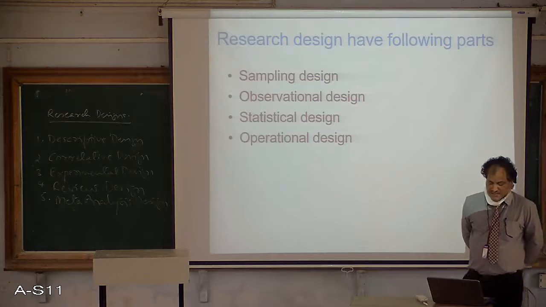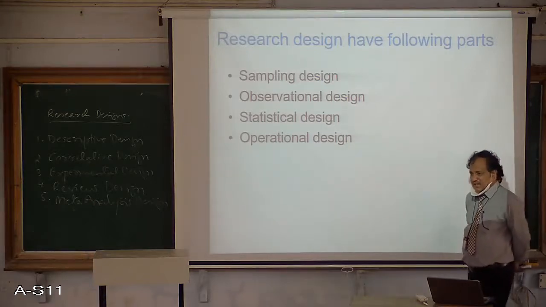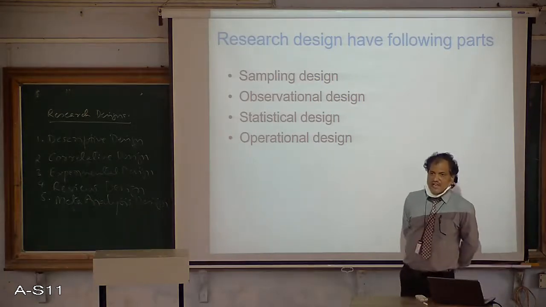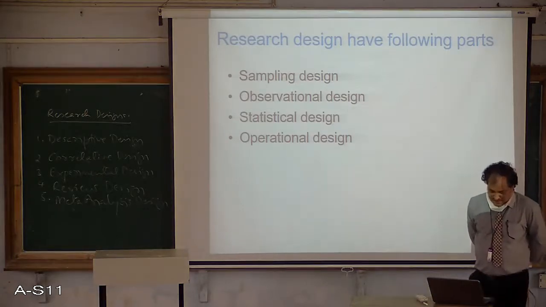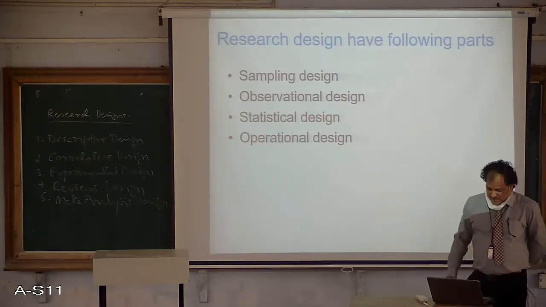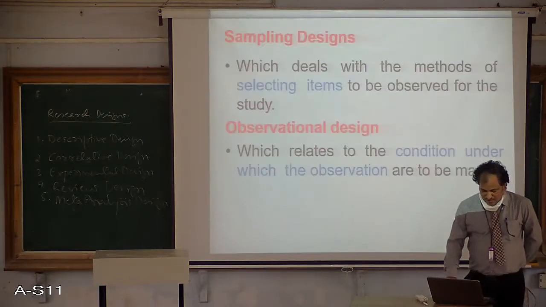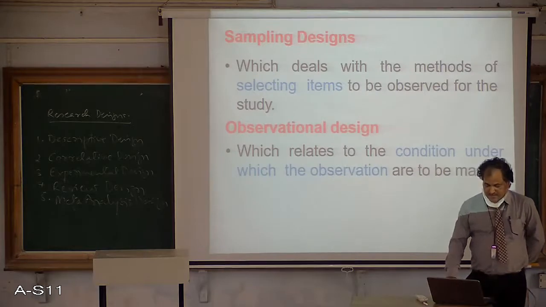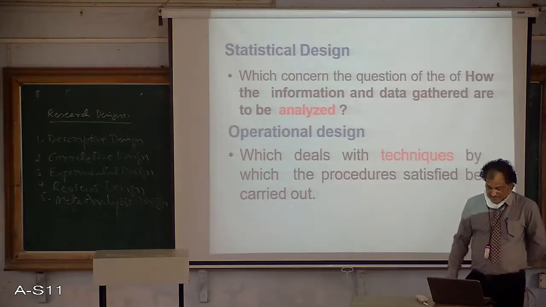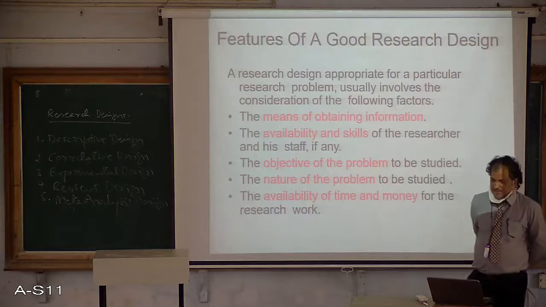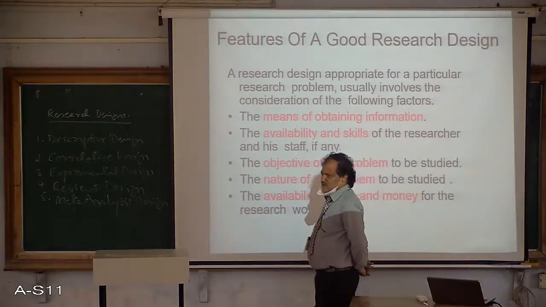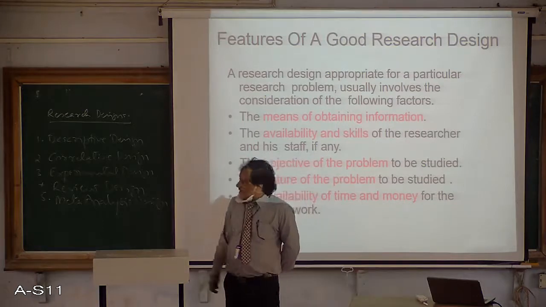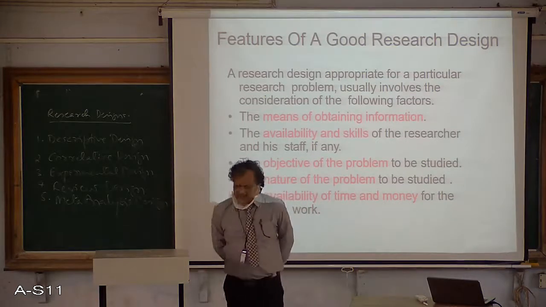Statistical design deals with, after collecting all the information, how the statistical methods have to be used for analyzing the given information, and operational design deals with the procedures to be carried out for the particular research.